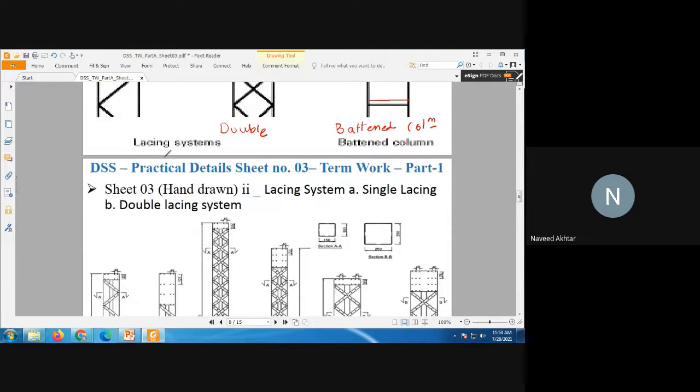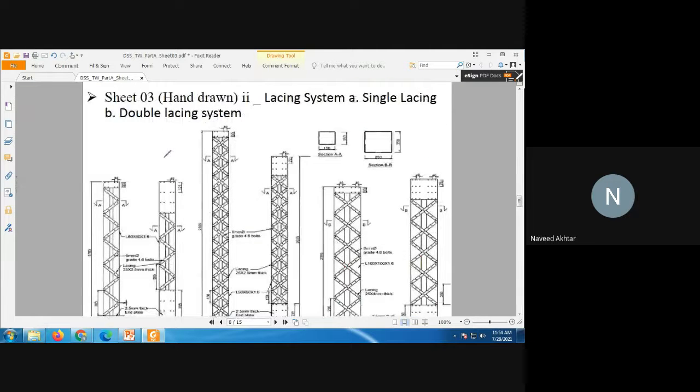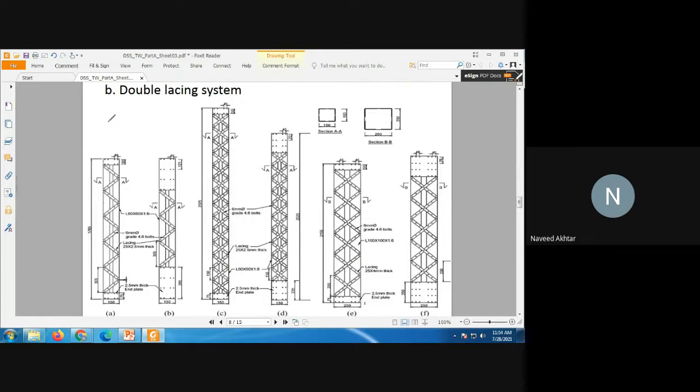Okay. So you can go for the size. You can see the figures: single lacing system, double lacing system. So in this column you can see here, at the end, there are horizontal plates, at the top and bottom.